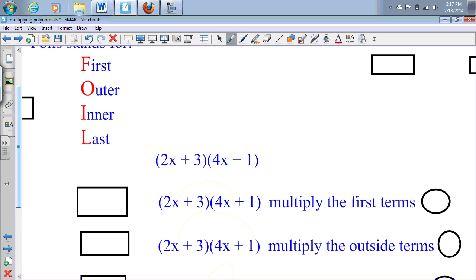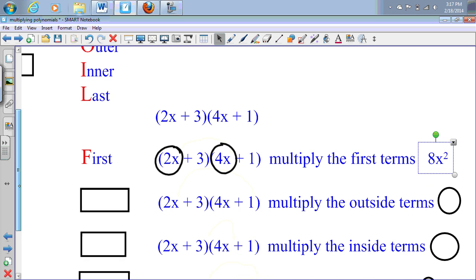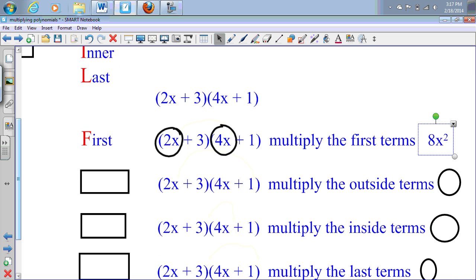First, you multiply the first terms, 2x and 4x. Those are our first terms. Okay? And we get 8x squared. Then we're multiplying the outside terms, 2x and 1.